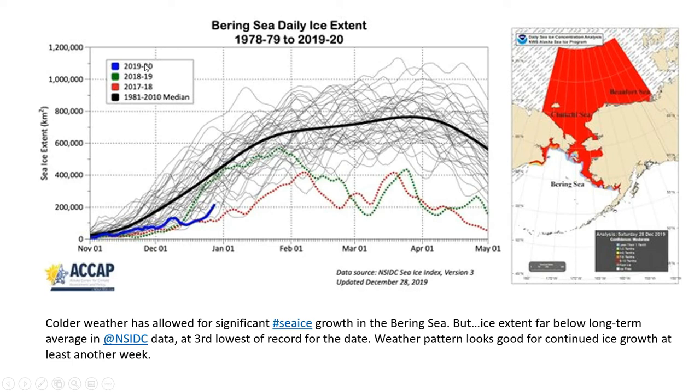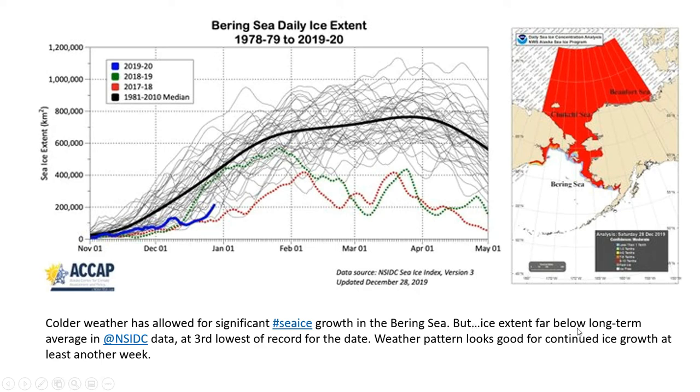Now, we're still in the 2019-2020 winter season, so that's why the blue line stops there. But look at the green line, 2018 to 2019. It's well below what is typical. Same thing for 2018, well below typical.